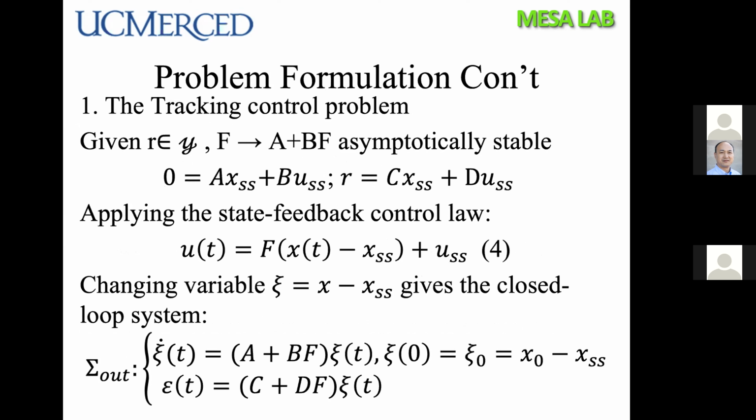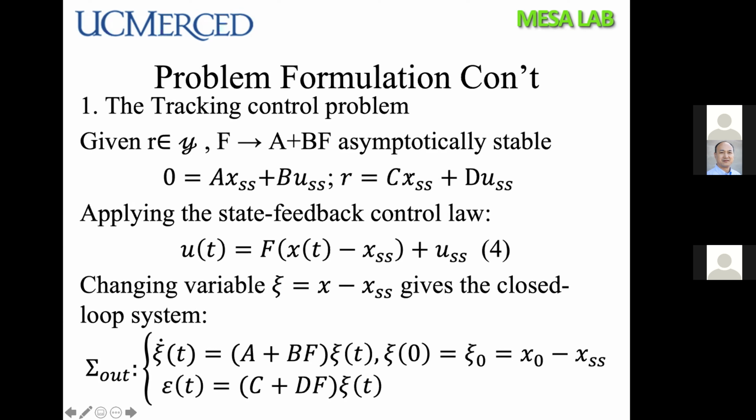First is the tracking control problem. Given a step reference r belonging to Y, choose the feedback gain matrix F such that A plus BF is asymptotically stable. This is always possible since the pair (A, B) is assumed to be stabilizable. Let us choose two vectors, x_ss and u_ss, that for a given r satisfy 0 equals A x_ss plus B u_ss.